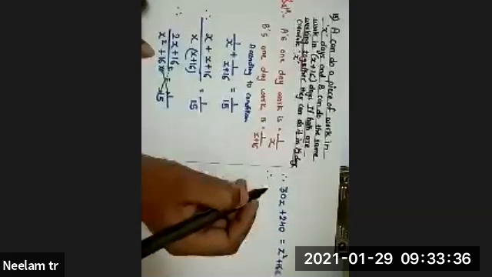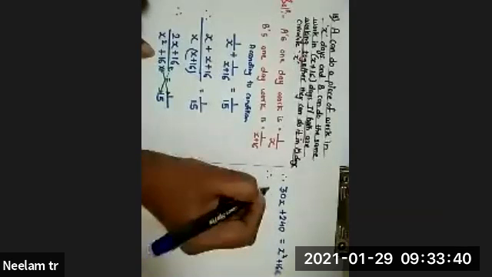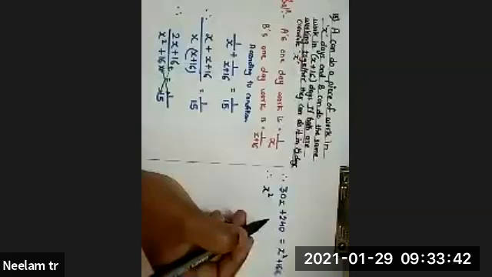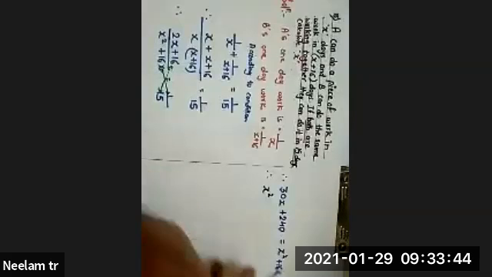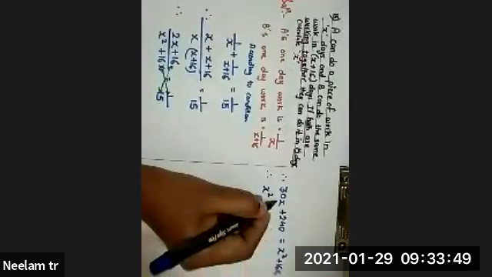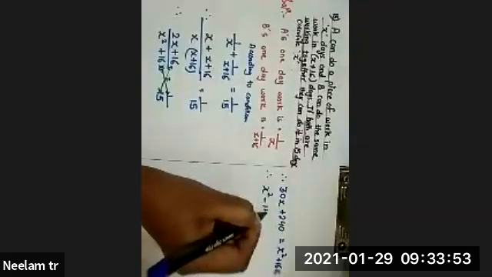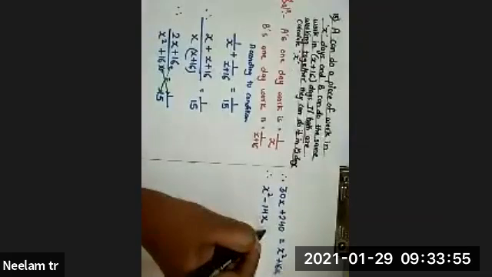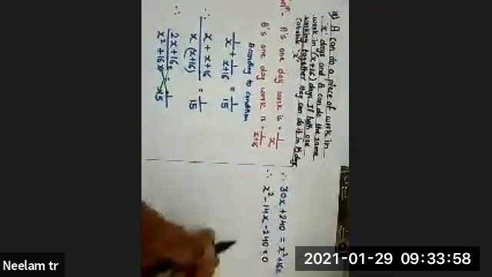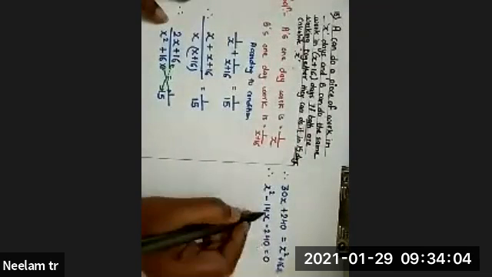Okay, now bring it to the left hand side, that is x square minus 30x, 30x minus 16x, what you will get? Minus 14x minus 240 is equal to 0. Okay, you got minus 240 ka factor which will give you minus 14.